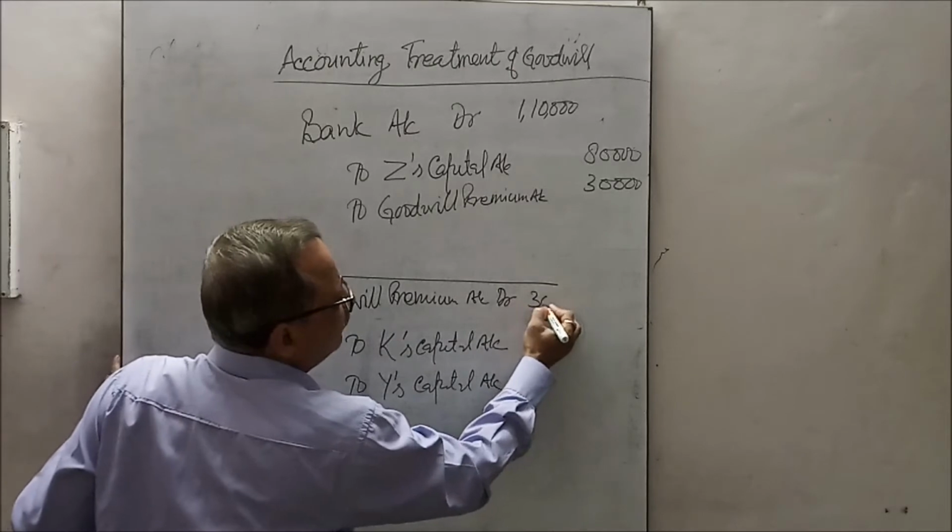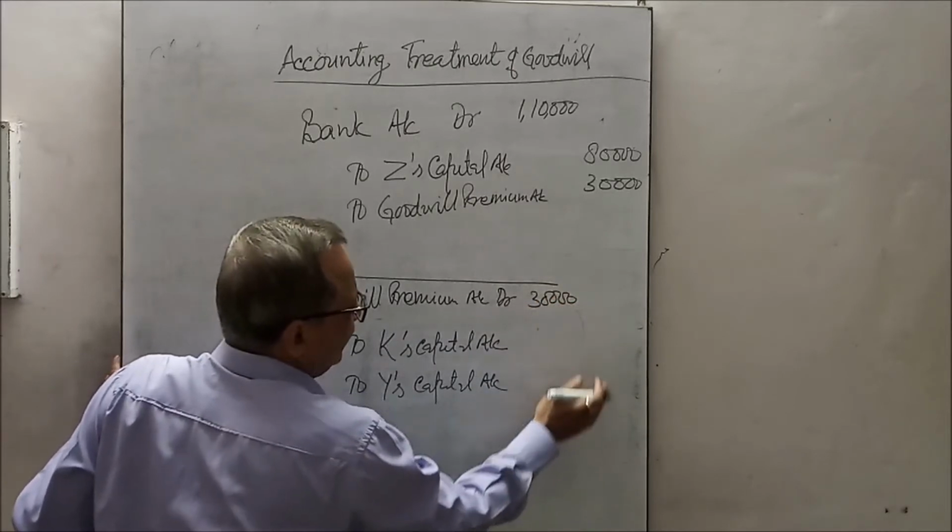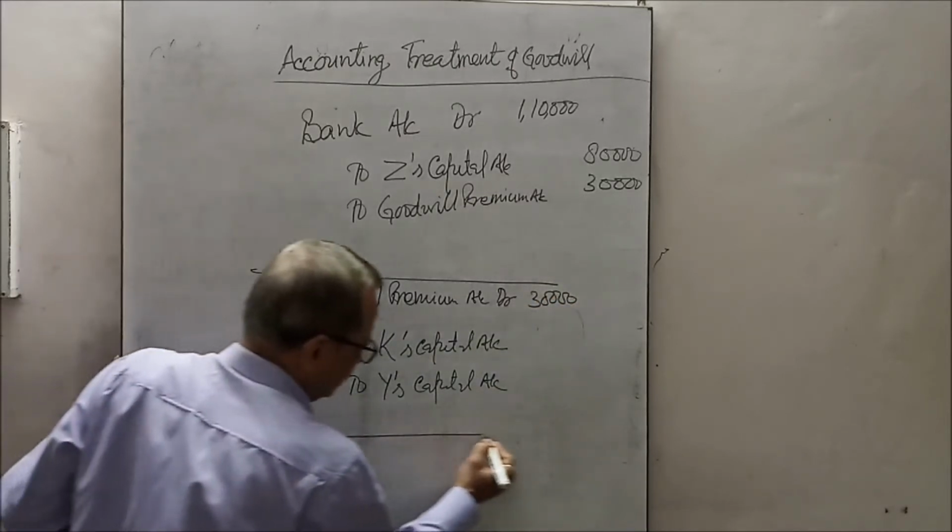This 30,000 will be divided between K and Y in their sacrificing ratio.